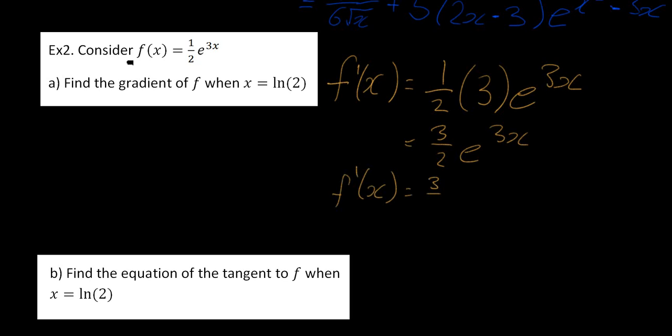is going to be 3 on 2 e to the power of 3 ln2. Now this index looks quite tricky to deal with, but remember that if your base over here is the same as the logarithm base, then you can cancel them out. But before we can do that, we need to chuck this 3 over here inside our logarithm bracket.